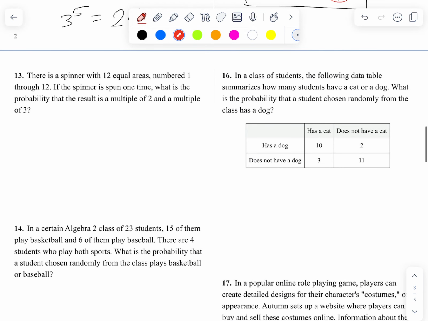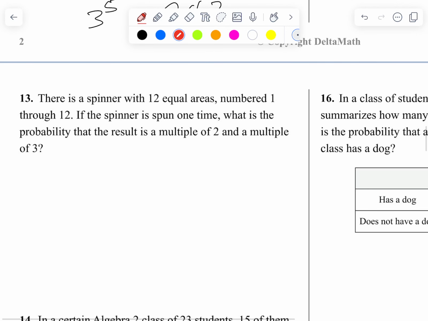All right. If there's a spinner with 12 equal areas, numbered 1 through 12, if the spinner is spun one time, what's the probability that the result is a multiple of 2 and a multiple of 3? All right, so 12 equal areas, 1 through 12. I got to think about multiples of 2 and multiples of 3. So there's going to be 6 multiples of 2, 4 multiples of 3, except we have some that are the same.